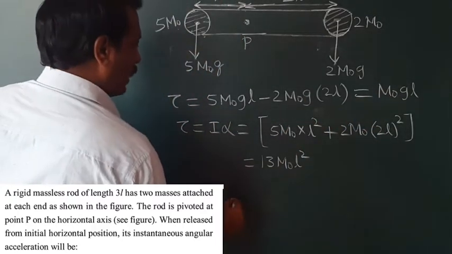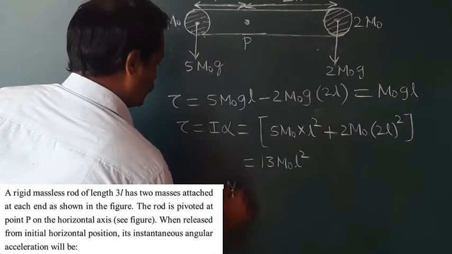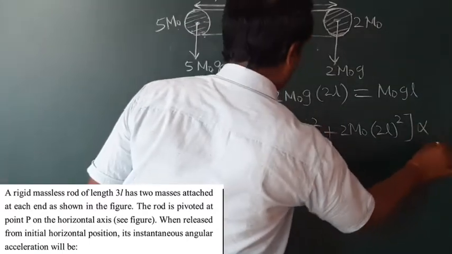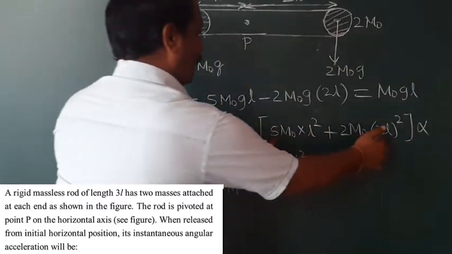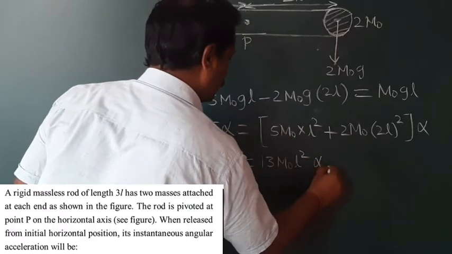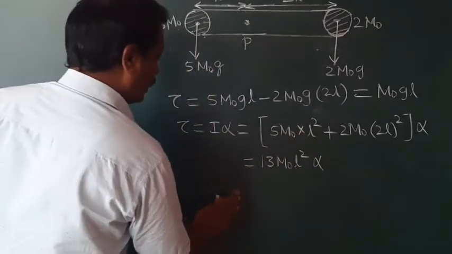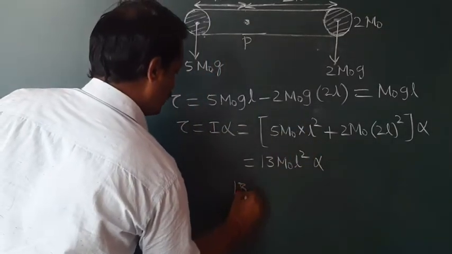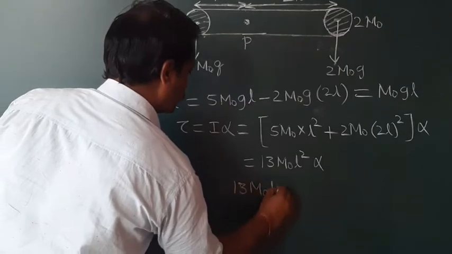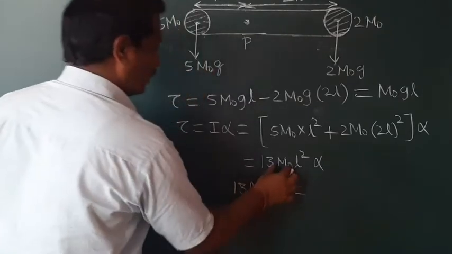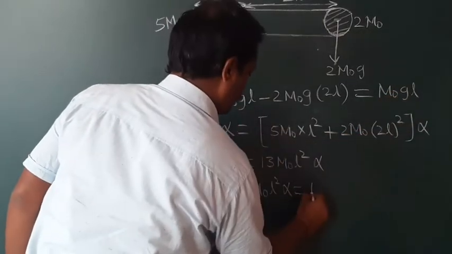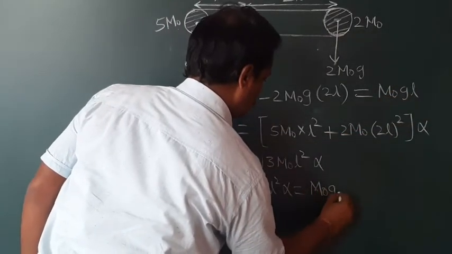Therefore we write, and don't forget to write this alpha. It is I into alpha. So here also alpha. So here 13 m0 L square alpha is equal to m0 gL.